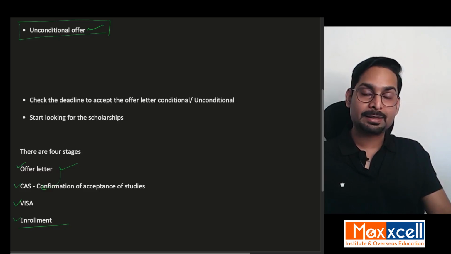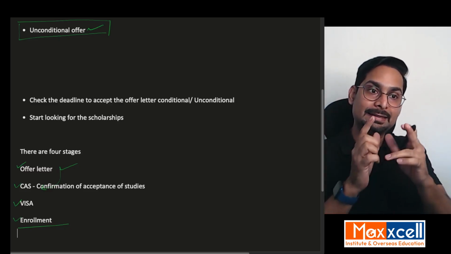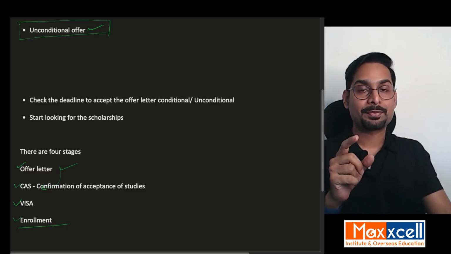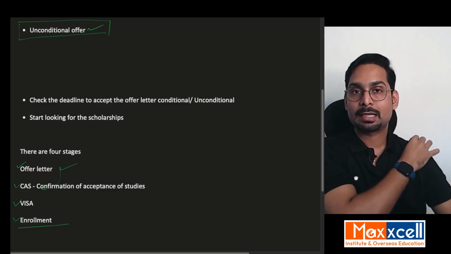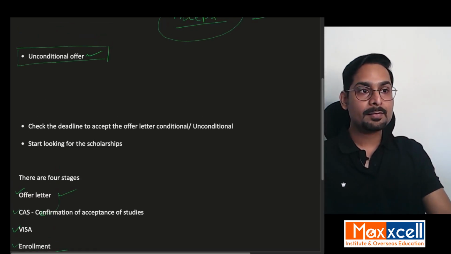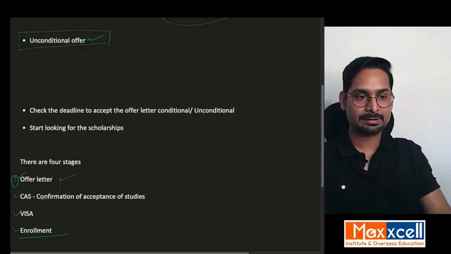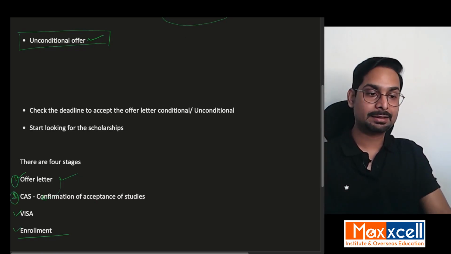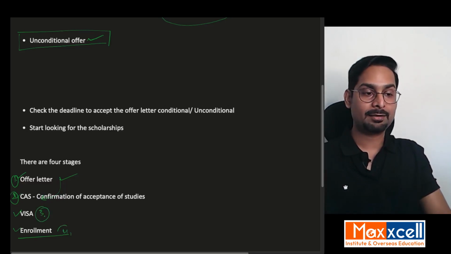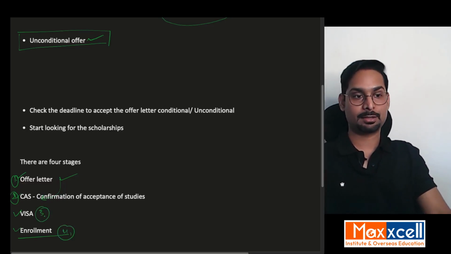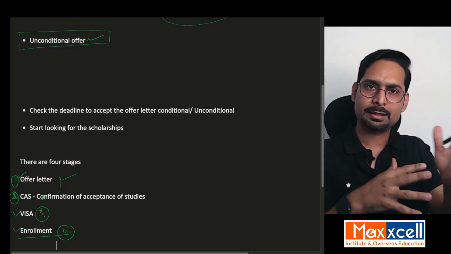Until and unless you complete the enrollment formality with the university, you are not allowed to attend classes in the university. So make sure that having the offer letter is not a guarantee that you are going to attend the class. Okay. After the unconditional offer letter, you need to follow these other steps also. So first is offer letter, second is CAS request, third is visa application, visa documentation, and fourth is the enrollment process. Okay, so I will talk about CAS, visa and enrollment procedure in the coming video.